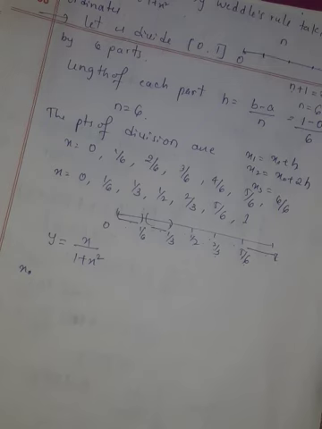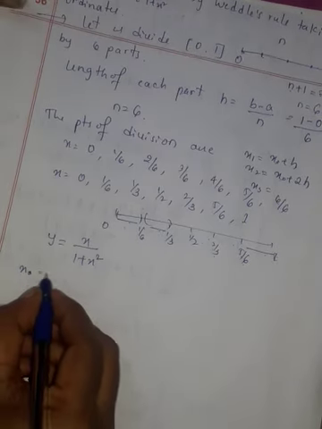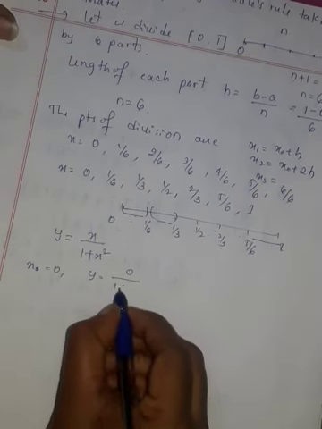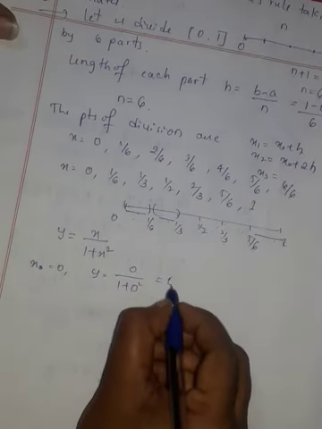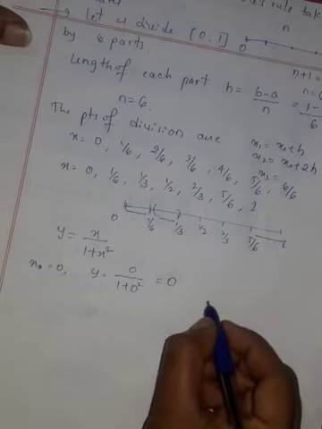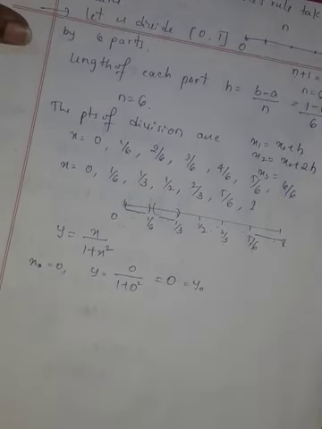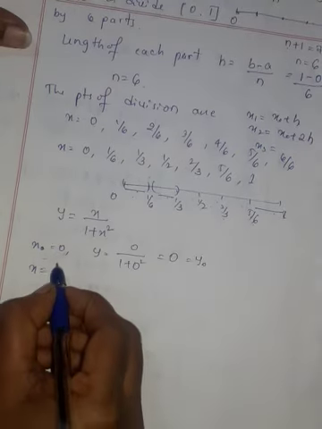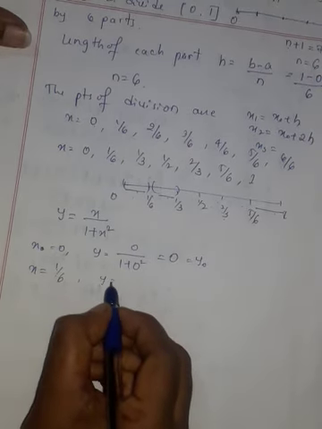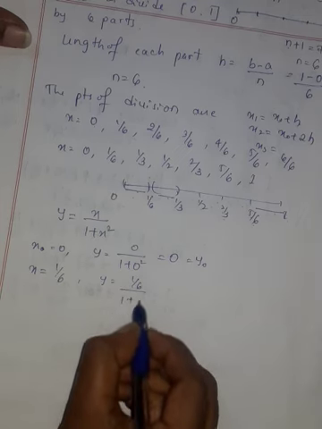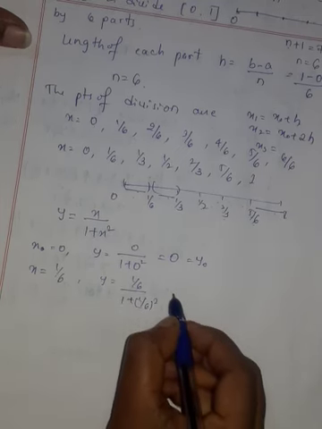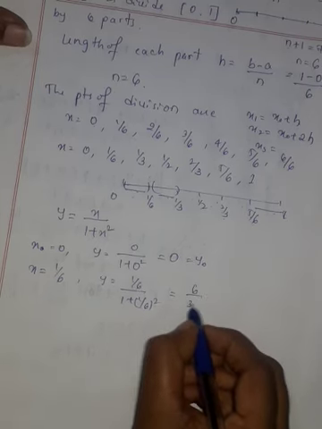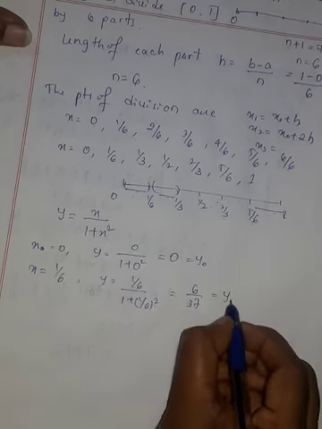For x is equal to 0, y is 0 divided by 1 plus 0 square, which is 0. This is our y naught, the first value. Next, for x is equal to 1 by 6, y is 1 by 6 divided by 1 plus 1 by 6 whole square, which is 6 by 37. This is our y1.